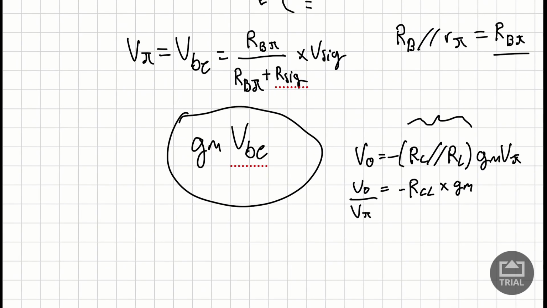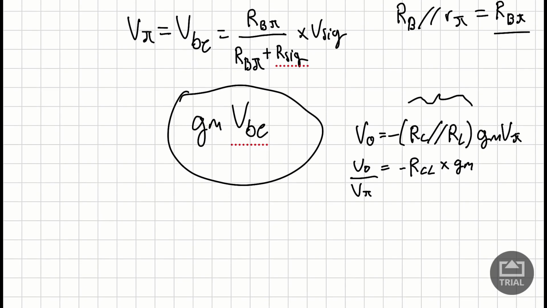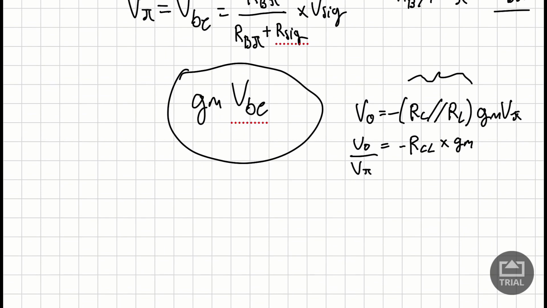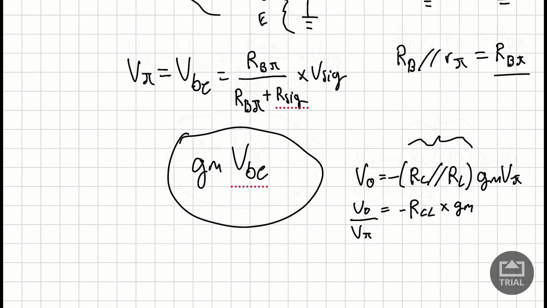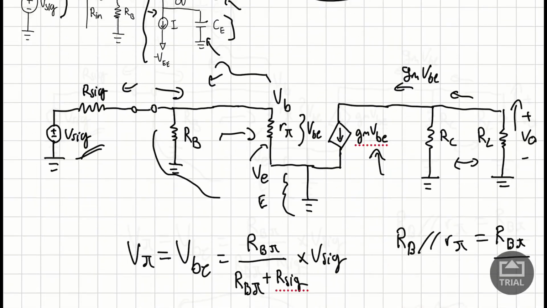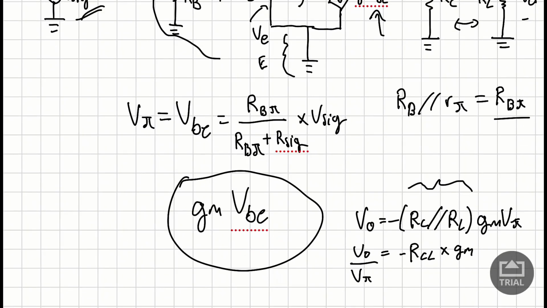So if we take a look over here, we've actually found VO over V pi. Now another cool thing that we have is V pi over V sig. We've actually already found V pi over V sig, and that is going to be equal to this expression over here.